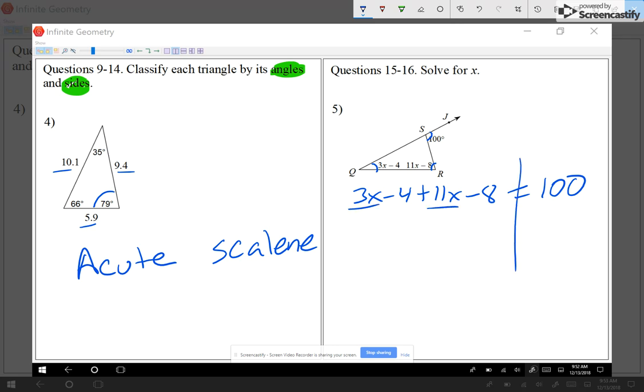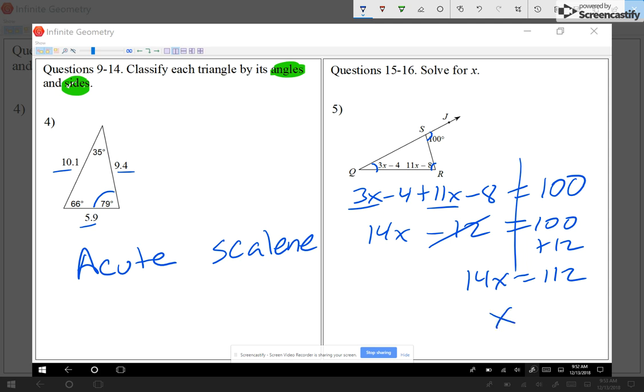I can combine the like terms. So I have 14x minus 12 is equal to 100. My minus 12, let me move it over. 14x equals 112. Divide both sides by 14. X in this case happens to be 8. And once again, you will have 2 of these on the final. Any questions on these?